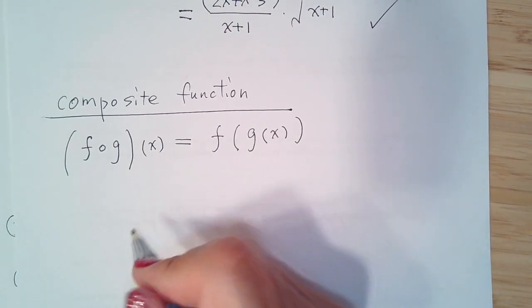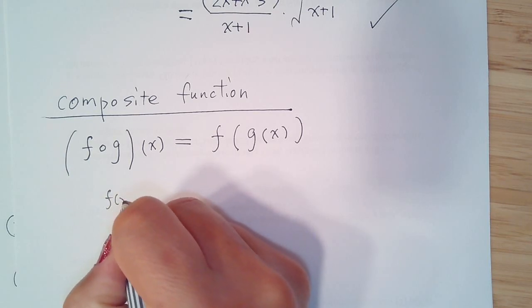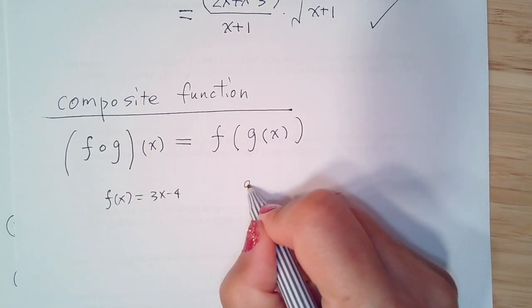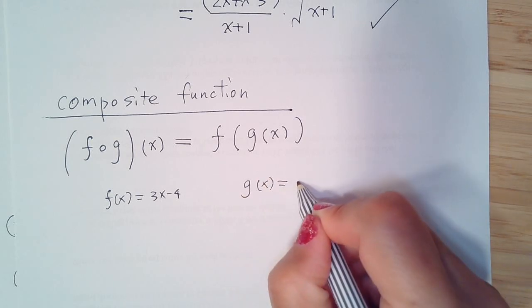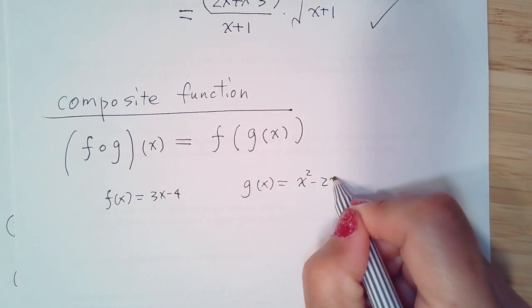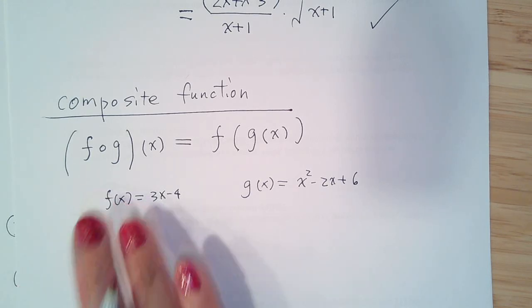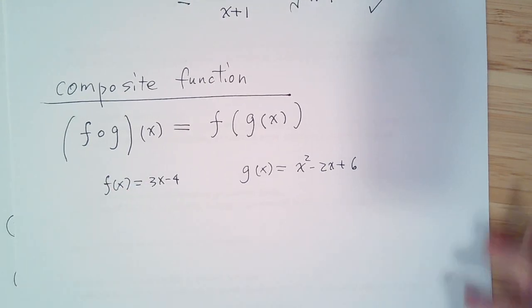I'll give you one example. f of x is given as 3x minus 4. g of x is x squared minus 2x plus 6. See, I give you an f and a g. Can you find f circle g? All right.